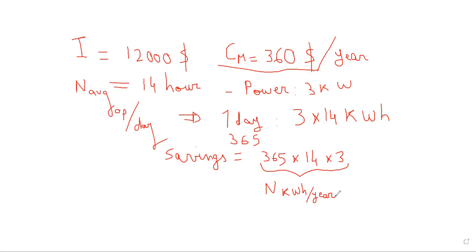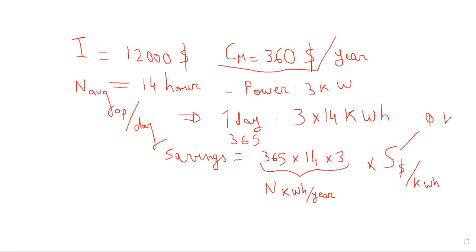So I should multiply by the selling price in dollar per kilowatt hour. So let us consider, for example, that the selling price is, let's say, $0.1 per kilowatt hour. So I can compute my savings for each year.